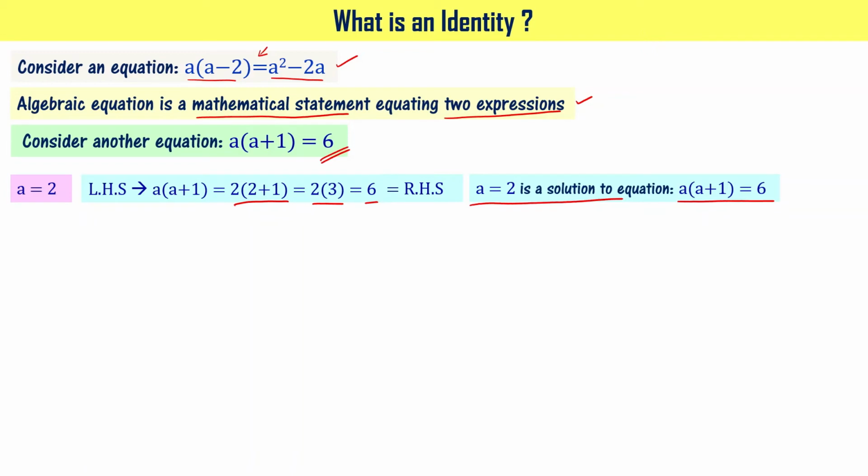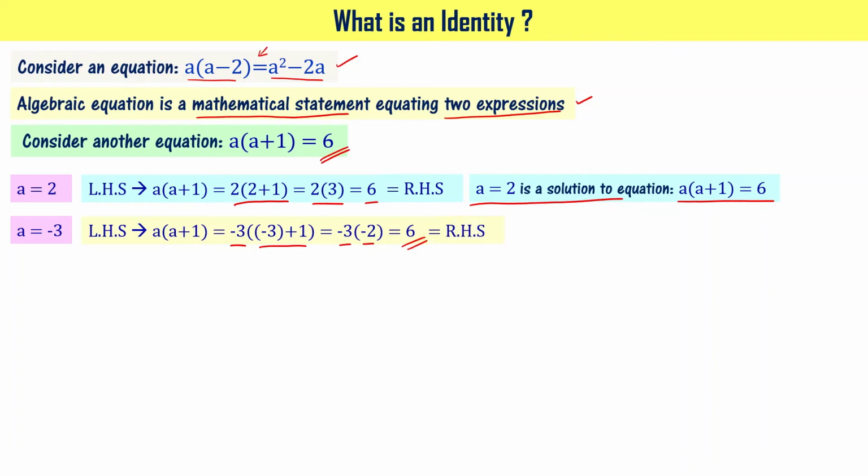Right? Now let's consider a equal to minus 3 and substitute that into left hand side of expression of the given equation. So that becomes 6. When you substitute minus 3 for a, that is going to be minus 3 times minus 3 plus 1, that is equal to minus 3 times minus 2, that is equal to 6, which is equal to RHS, right?